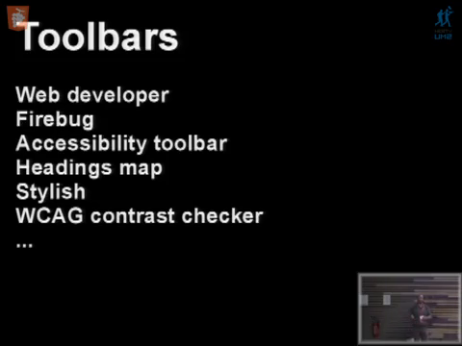You may also use Stylish, which is used to test keyboard navigation when you put a specific focus on your cursor. And also the WCAG contrast checker, to check the contrast of the foreground and background colors, to see if the text is actually readable or not.